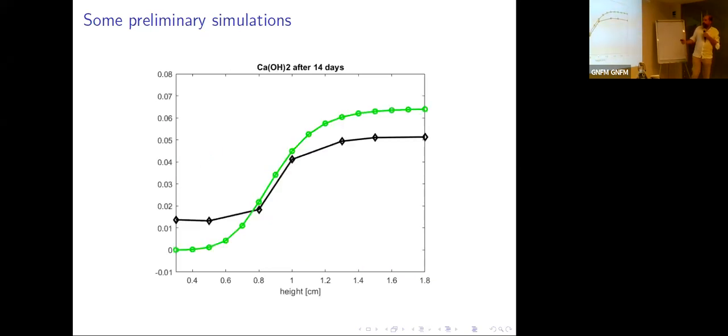Concerning carbon dioxide, again, the black line is the experimental data. The green line is the simulation.